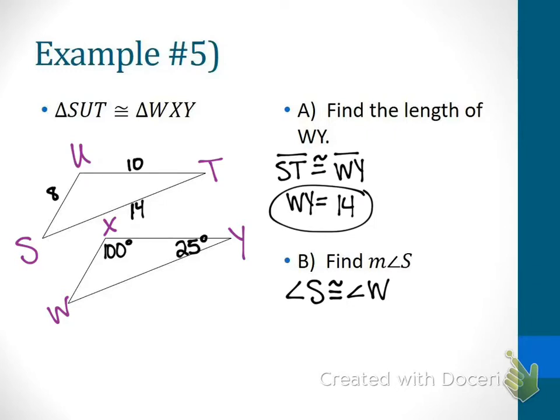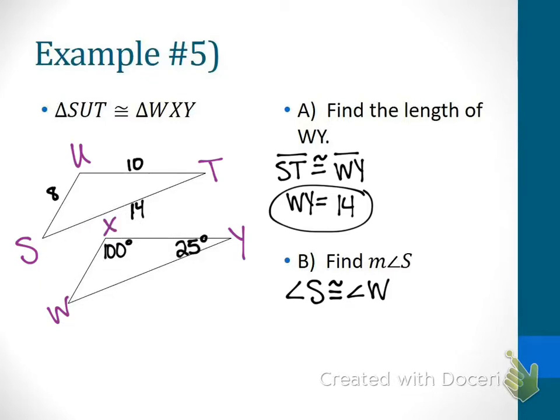Yes. 25. Why is it not just 25? You gotta add it up to 180. Good. The angles inside of a triangle better add up to 180. And if I were to label W as 25, these would not add up to 180.